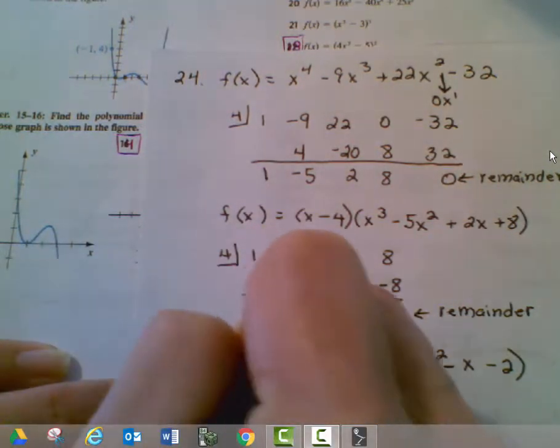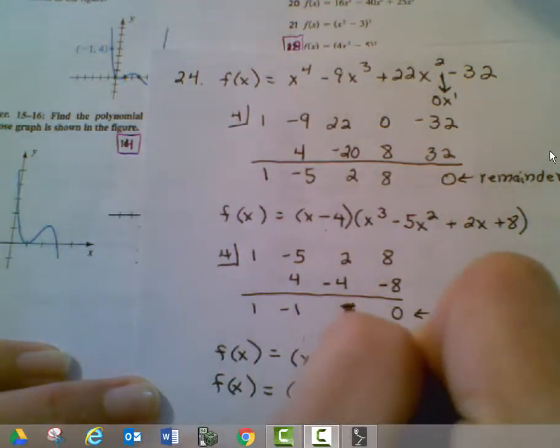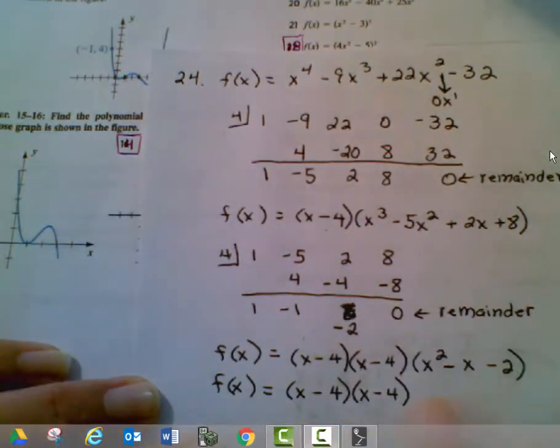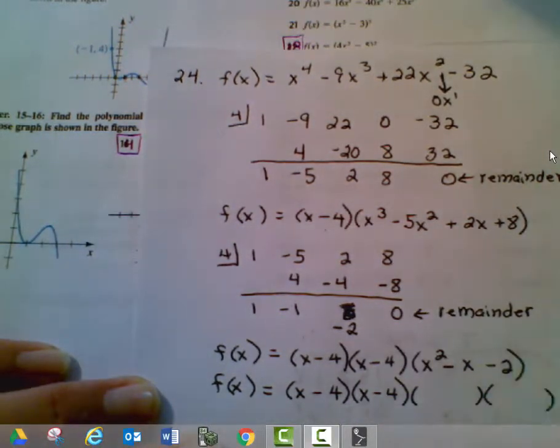And then finally, I have a quadratic function that I can factor with my traditional methods.